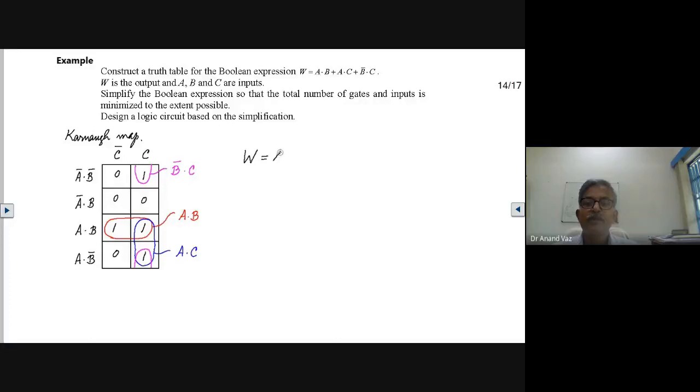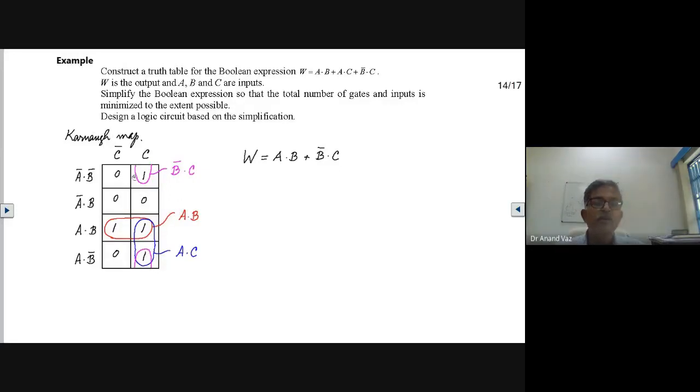So A and B, or not B and C. You can see how this product got eliminated. It got eliminated because all its members were part of some other pair. Okay.